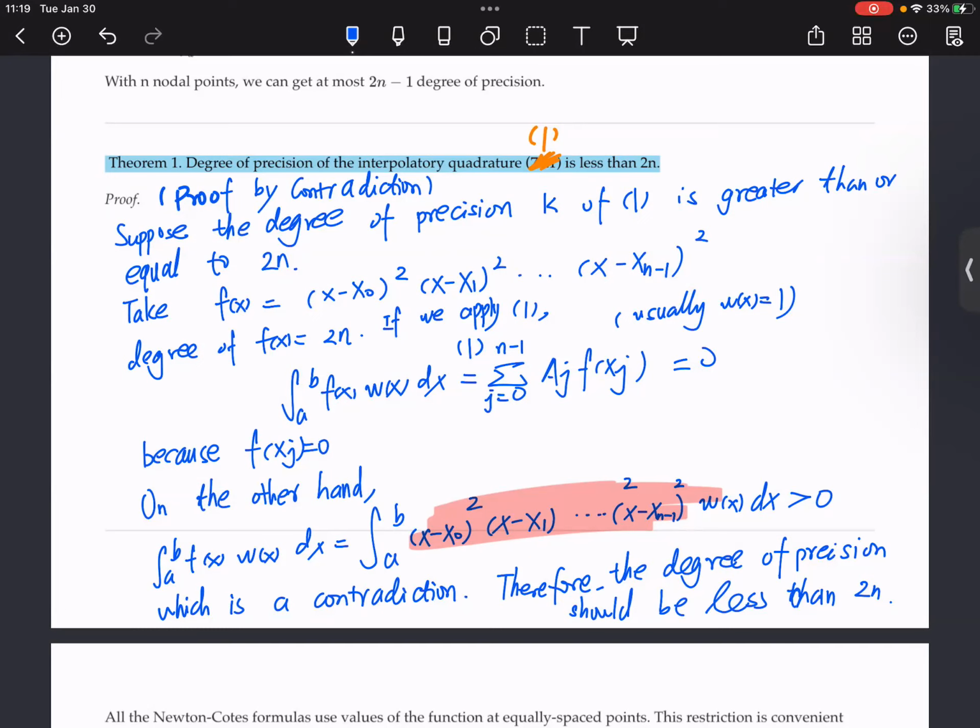So if it is exact, then the value from the quadrature rule should equal the exact value. But here the contradiction is that these two values are not equal to each other. So we suppose the precision is 2n or greater, but we don't have such a precision here. And so this is the conclusion.